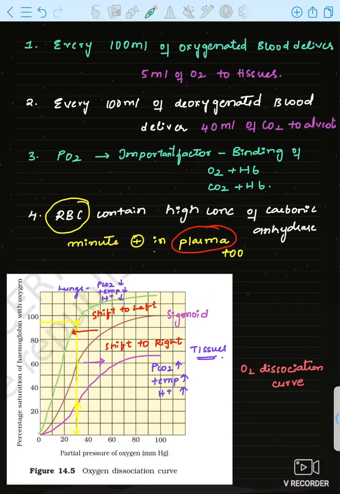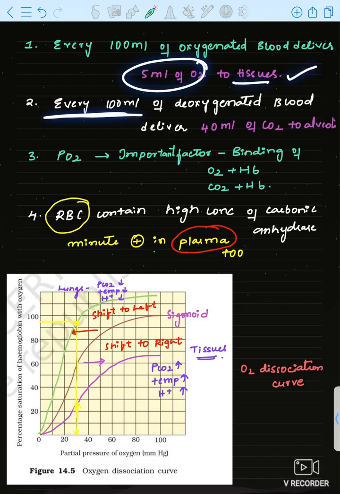One more thing: every 100 ml of oxygenated blood, given through systemic arteries to the tissues, is delivering how much oxygen? 5 ml of oxygen to tissues.